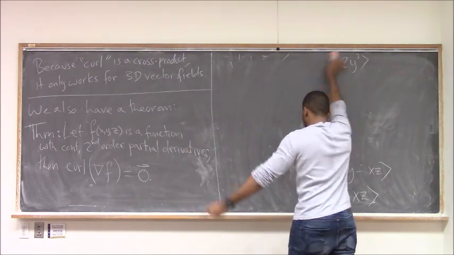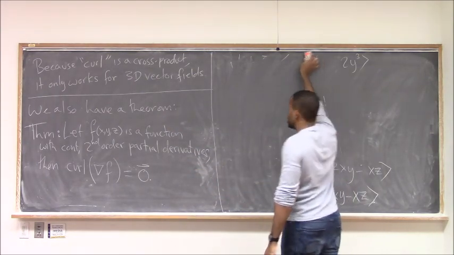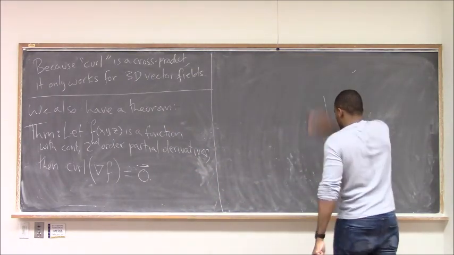Which ultimately means that if I have a conservative vector field, the curl of that vector field is 0. That's kind of where we're going.